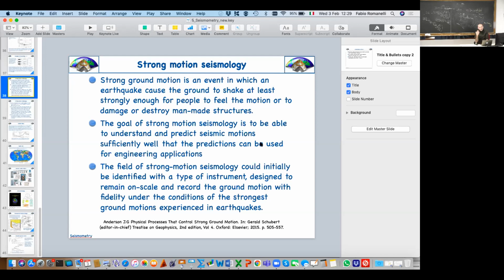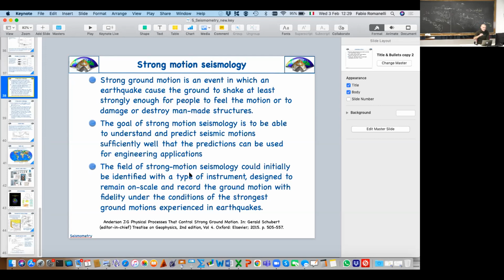So it's for earthquake engineering studies. So actually the goal of strong motion seismology is trying to understand signals that can be used in earthquake engineering or engineering seismology. I'm working in that, but I never understood exactly what the difference is. It depends if you're an engineer or a seismologist.